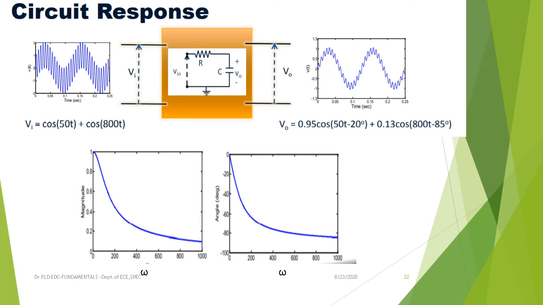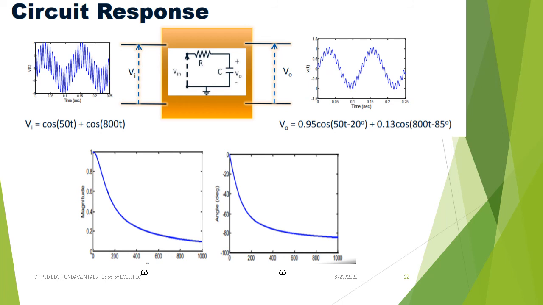The first signal has angular frequency omega equal to 50 and the second has omega equal to 800. By summing these two signals, we get the input waveform appearing like this.